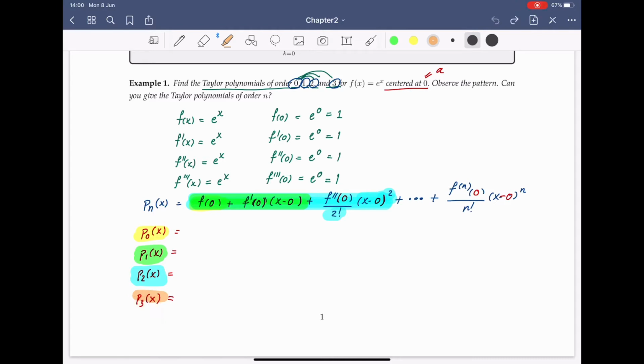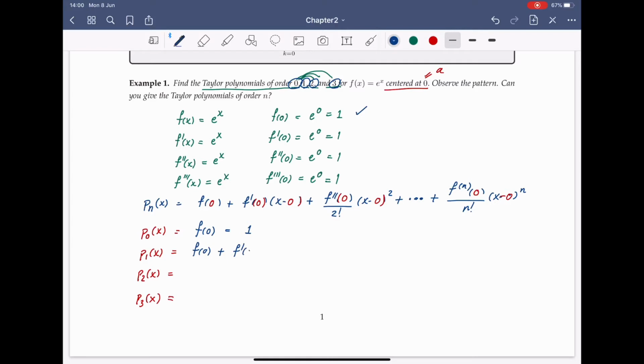Alright, so let's now look at the exact answer. P0 is going to be just f(0) here, which is 1. We already computed that. So P1 is going to be f(0) plus f prime(0) times (x minus 0), which is 1 plus 1 times x, which is 1 plus x.